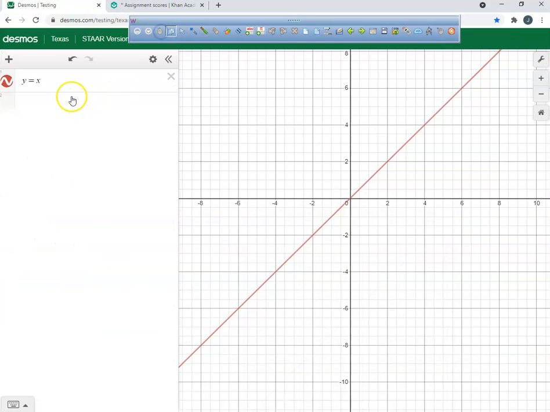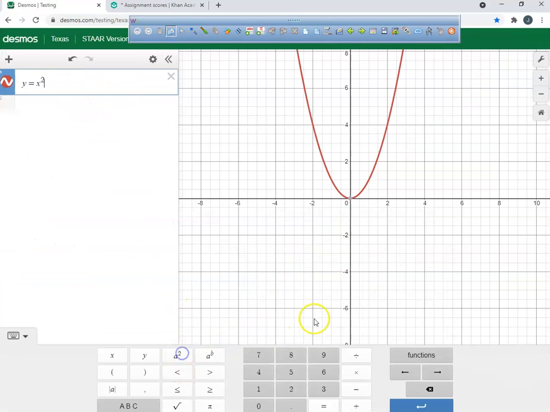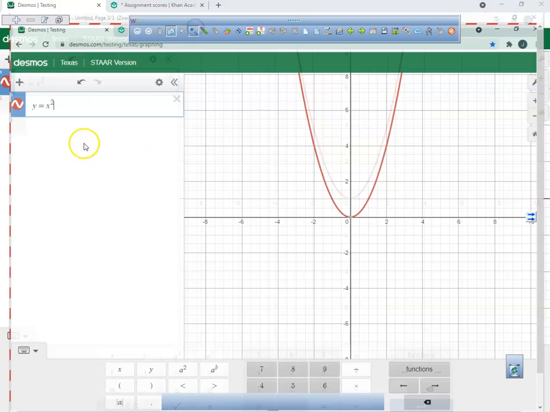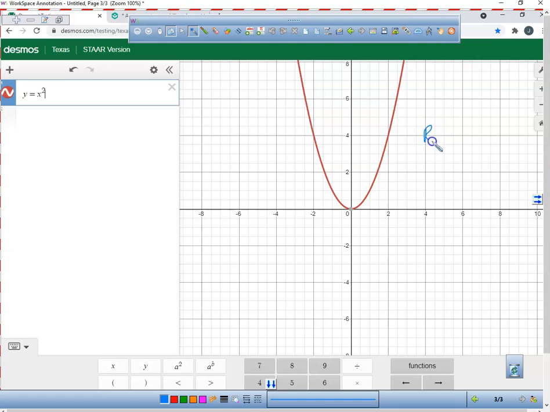What about quadratics? It's y equals x squared. Let's look at the right side. Let's look at the left side. What's happening on the right? x is approaching positive infinity. What's happening on the left? x is approaching negative infinity. But what is f of x approaching?